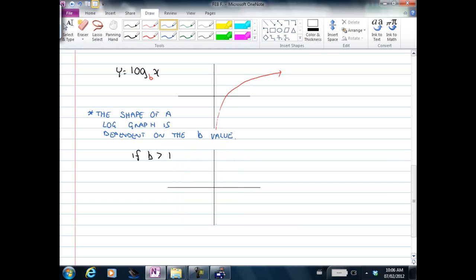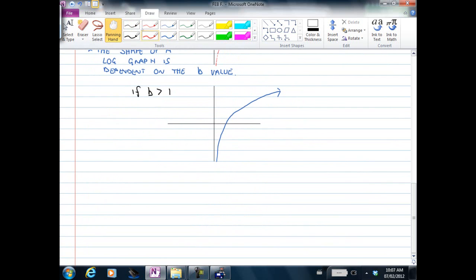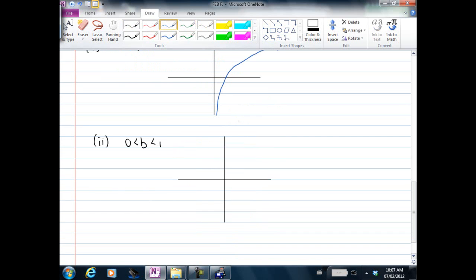So I'm just going to draw it nicely. It starts from down, goes up, and it curves. That's all this is. This is case 1. Case 2: if b is between 0 and 1, your graph actually starts up here and goes down.